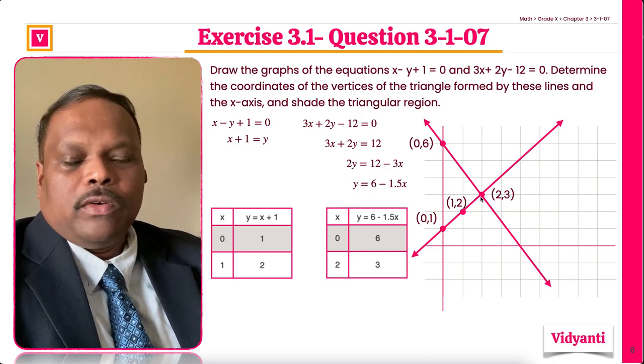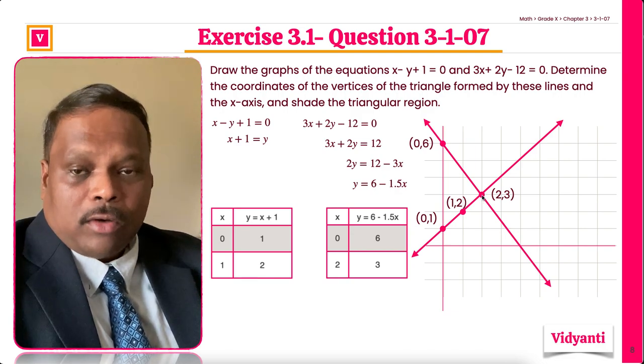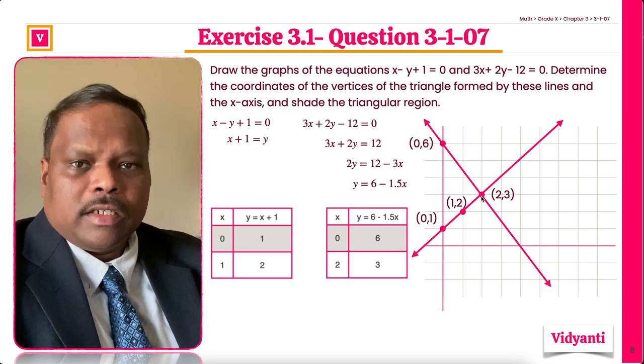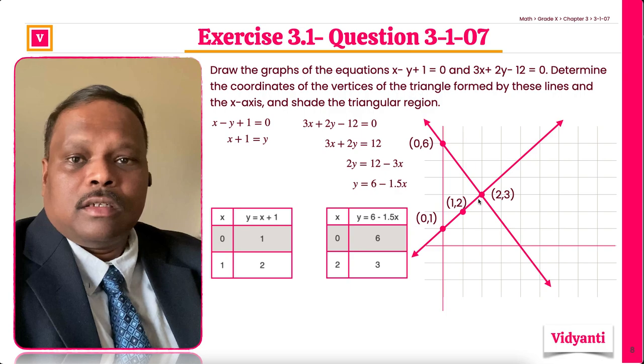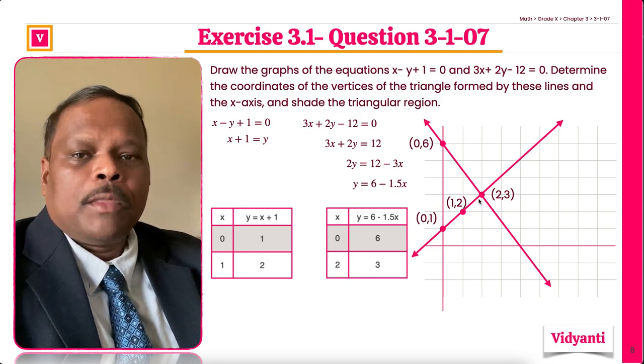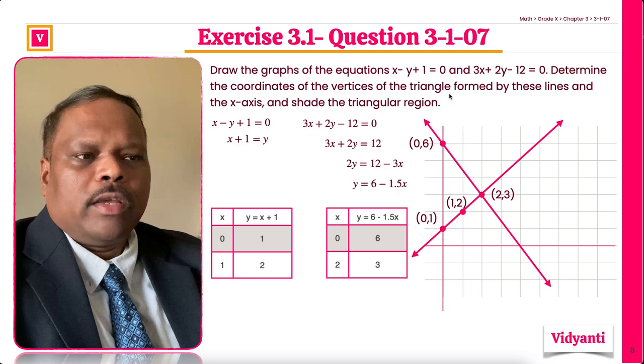Now, the point of intersection came out to be 2, 3, where we were a little bit lucky. Otherwise, we would have to locate the point of intersection. But somehow the selected values gave us the direct point of intersection. So that part we didn't have to do. Now, what they want is the coordinates of the vertices of the triangle formed.